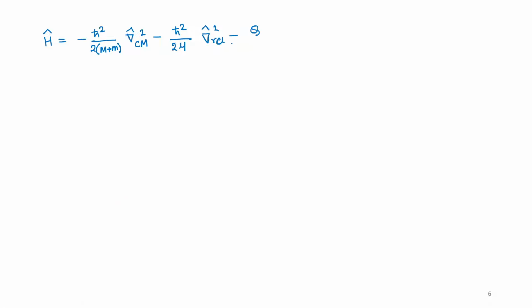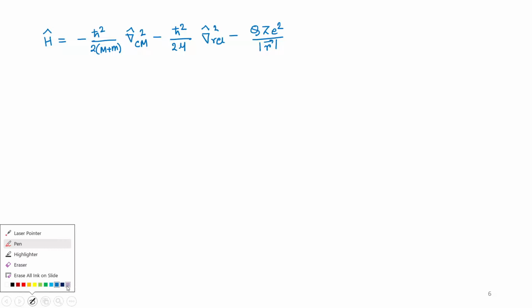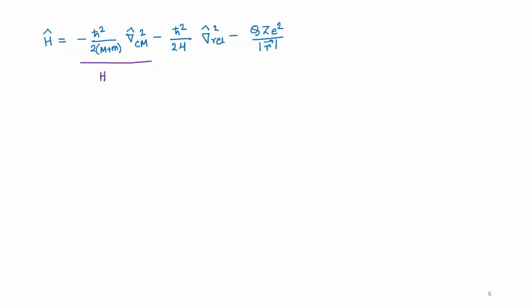So ultimately, the overall Hamiltonian we will expect something like this, where this part is actually your Hamiltonian with respect to center of mass, and this total part is Hamiltonian of your relative motion of the electron with respect to the nucleus.